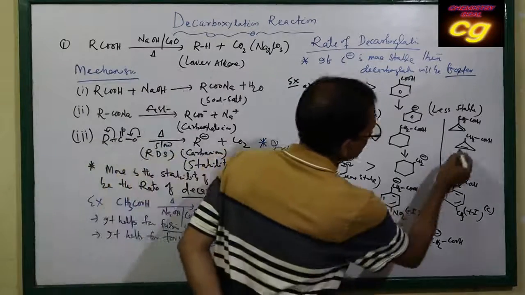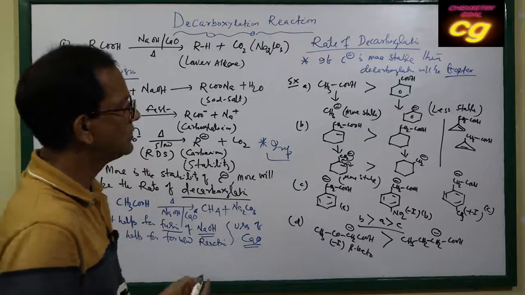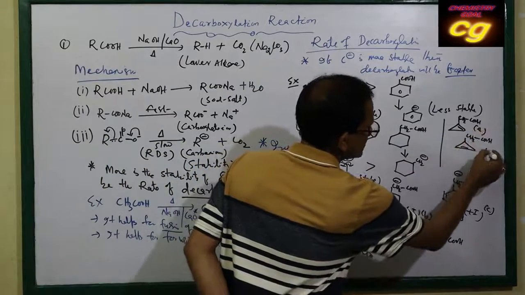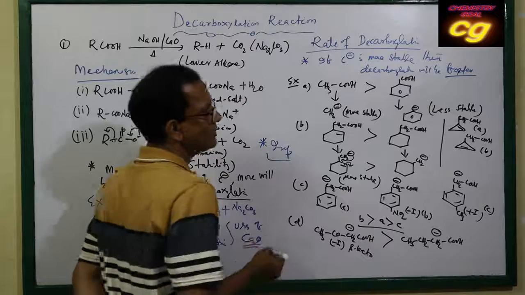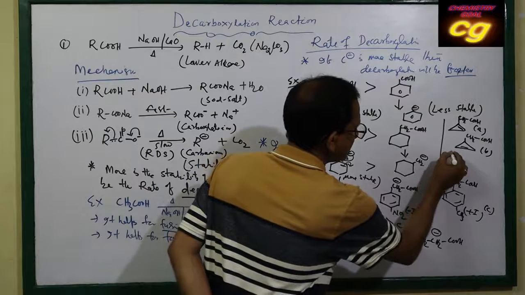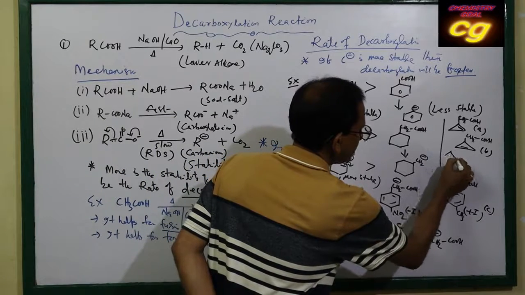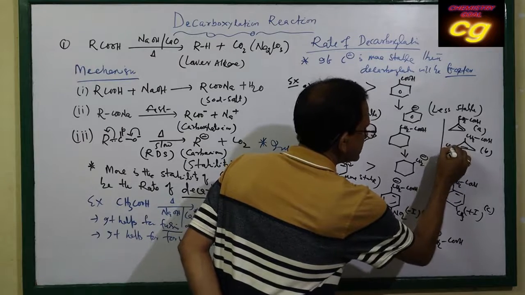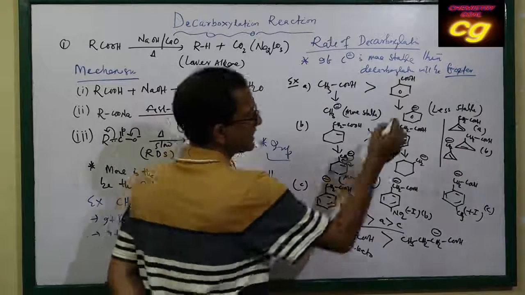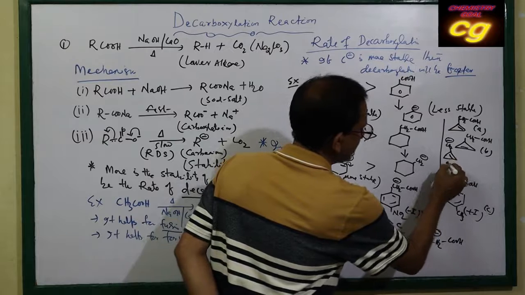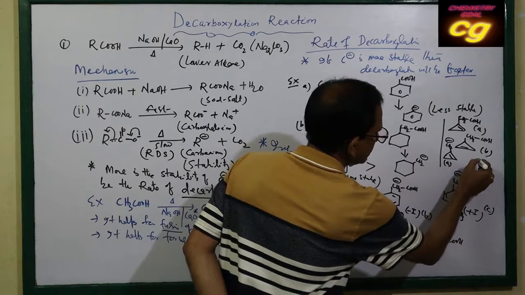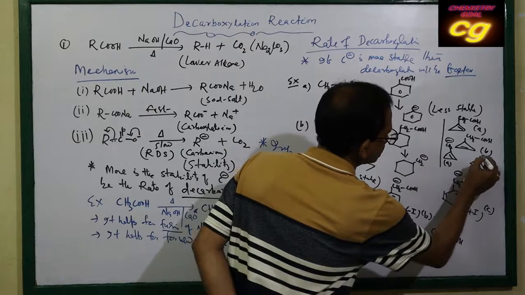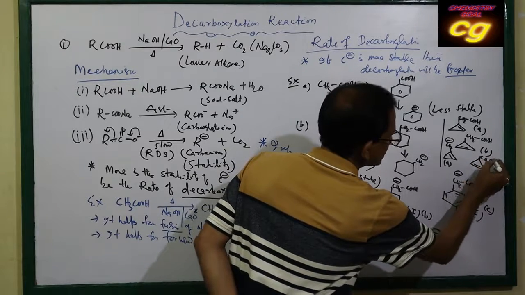Suppose this is A, this is B. In the first example the carbanion will be CH2 minus, and in the second case, from B, it will be CH2 minus.